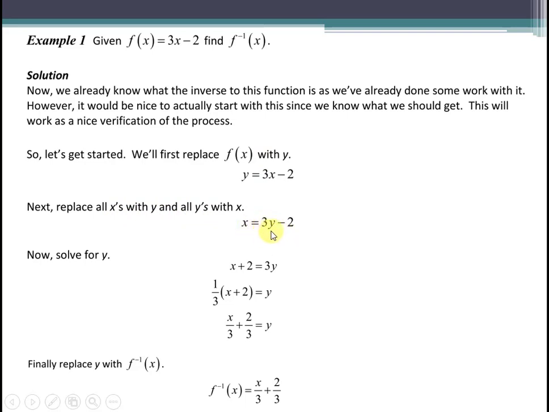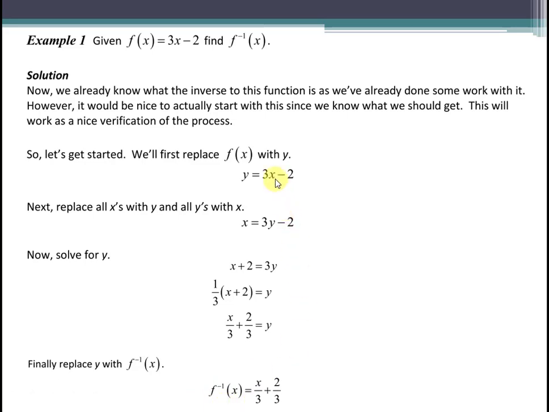So we have x is 3y minus 2. Now solve for y. So x plus 2 is 3y. After that, we have the following one. X over 3 plus 2 over 3 is equal to y. Finally, we can replace y with f minus 1 of x. This one we call inverse function of this function.